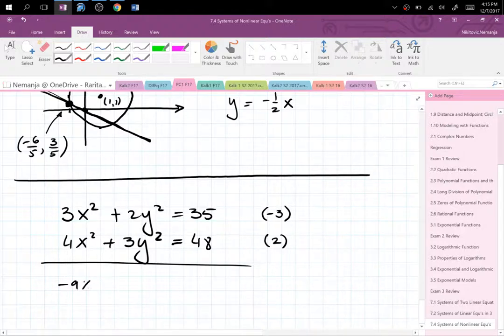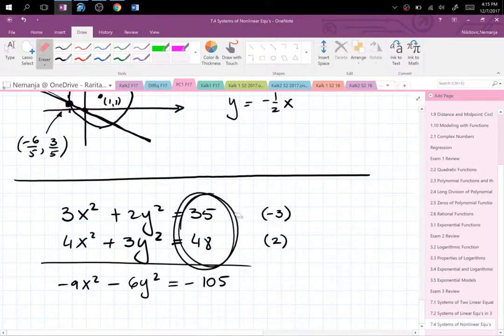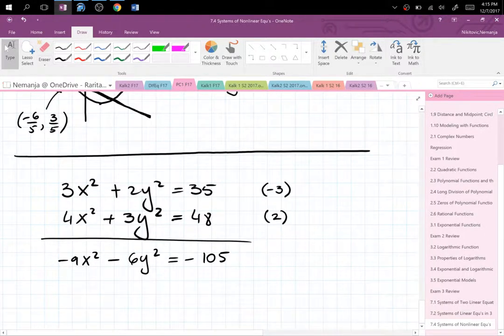So -9x squared minus 6y squared equals -105. Generally, you forget to multiply these numbers, so pay attention there. Right? And then 8x squared plus 6y squared is equal to positive 96.